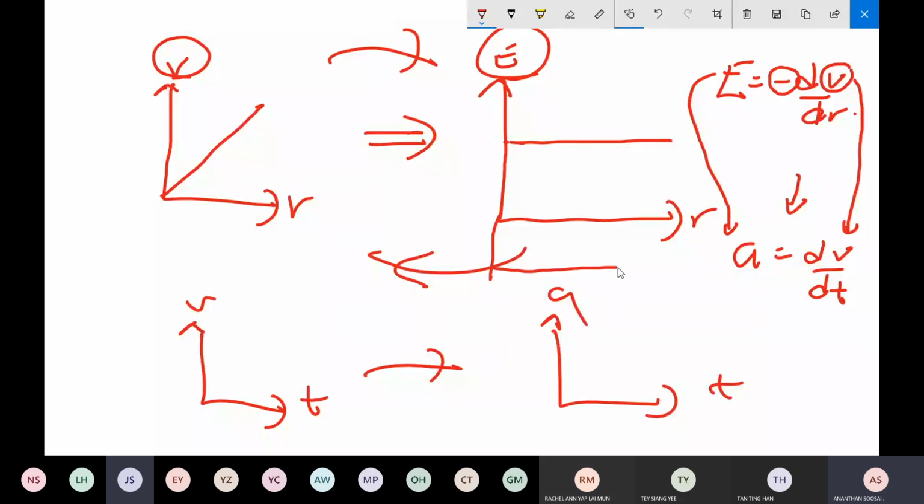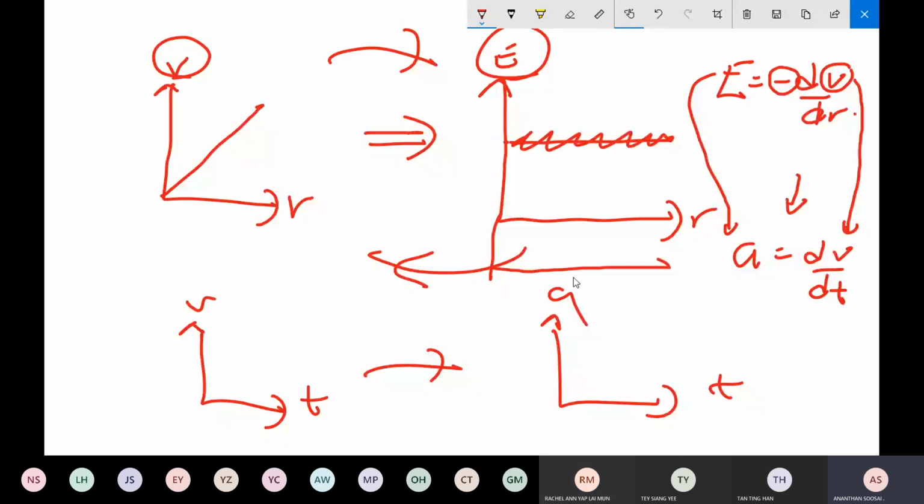So the graph will be here, it won't be here. So you assume potential as a velocity graph, you draw the acceleration graph, then to convert to electric field strength, whatever graph you've drawn, you just do a reflection at the x-axis. And that's your electric field strength graph. Okay?